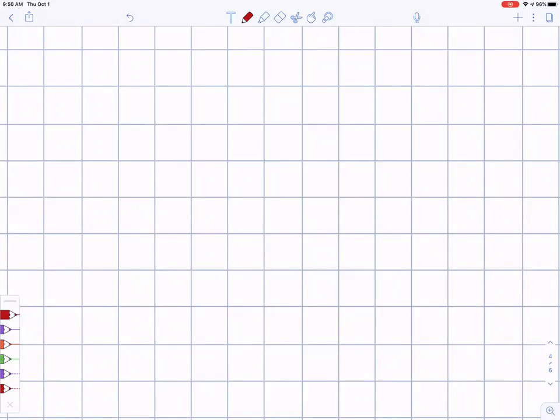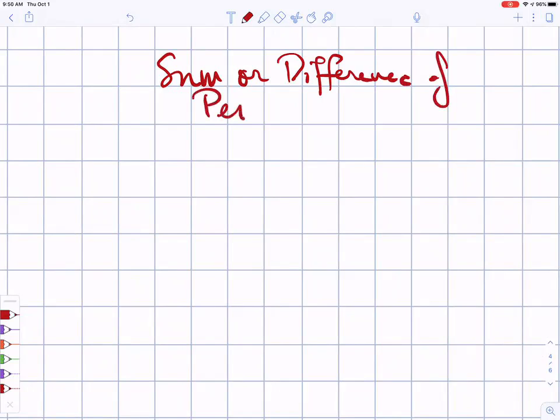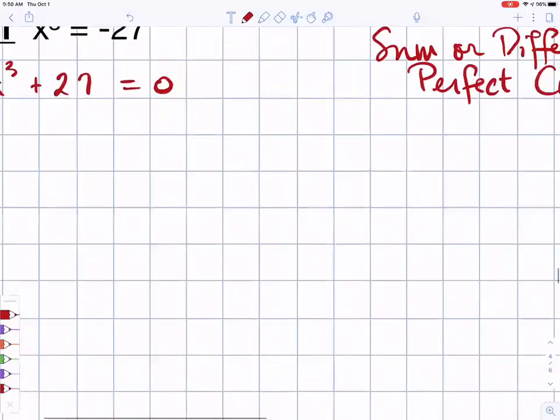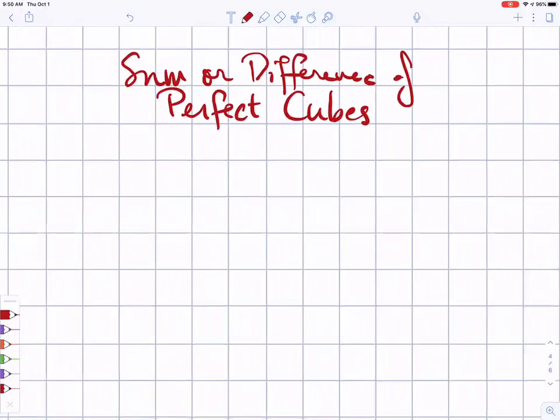Okay, so that's what it's called, a sum or a difference of, I'm going to say perfect cubes. Now, 27 is a perfect cube because it's 3 times 3 times 3, right?